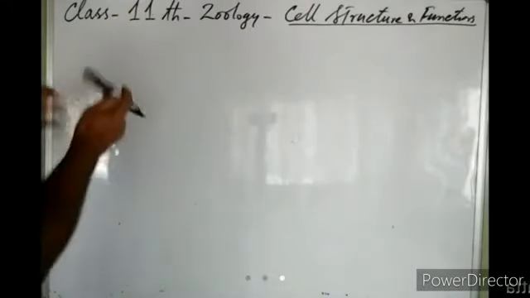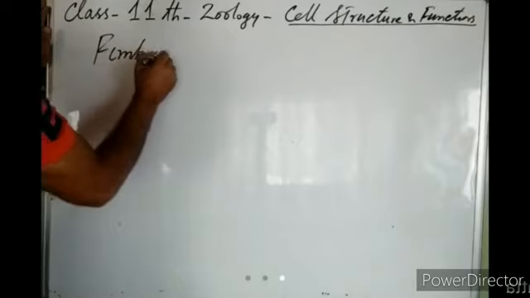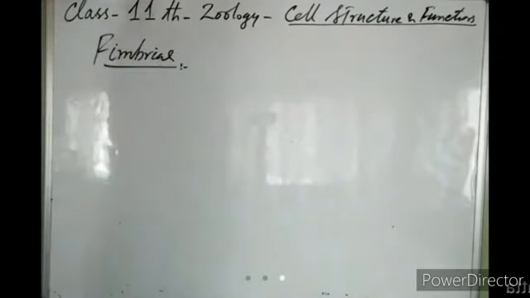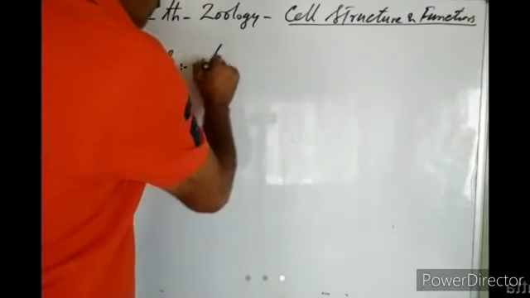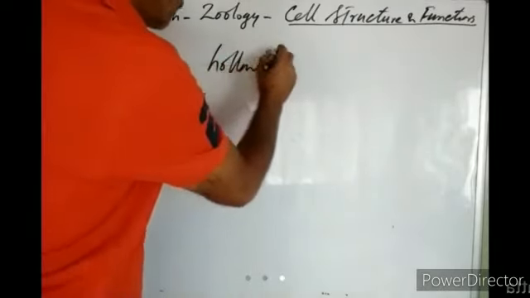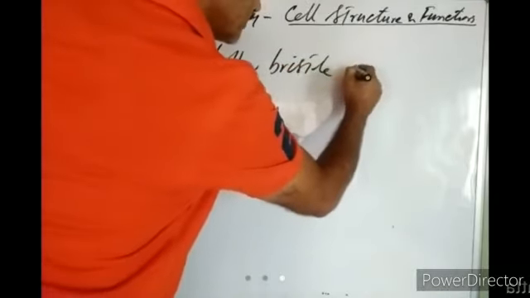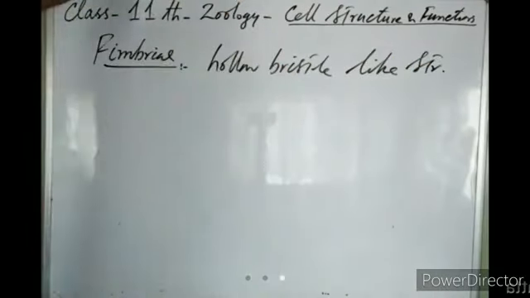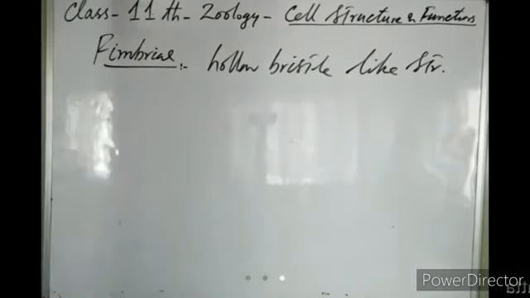Okay. Now fimbriae. These fimbriae are again hollow bristle-like structures, present on the cell envelope of some prokaryotes.